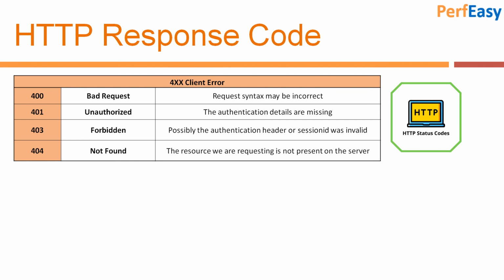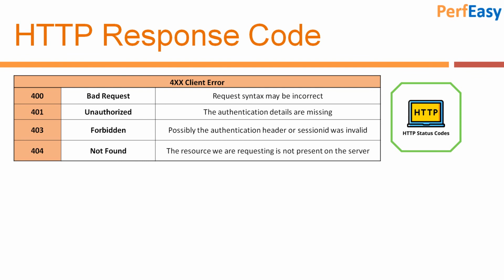If you are getting 401 Unauthorized, that means the server is expecting some authorization header, authentication header, session ID, or some authentication detail with the request, which is missing from my request. So check what authentication value is to be passed, and make sure it is passed as part of the request.